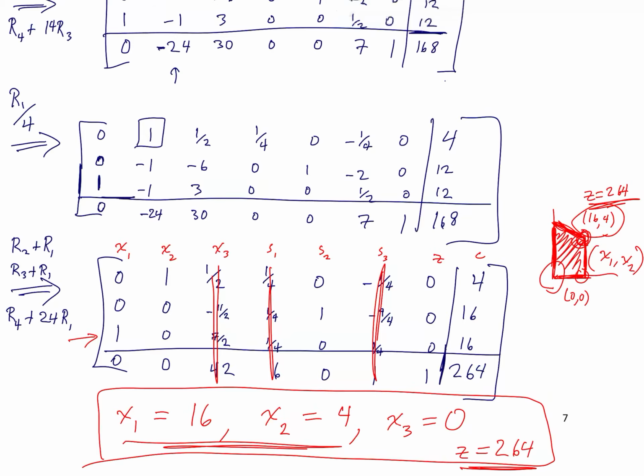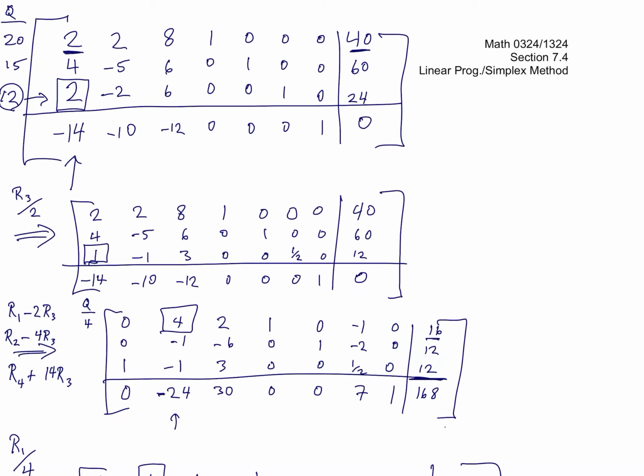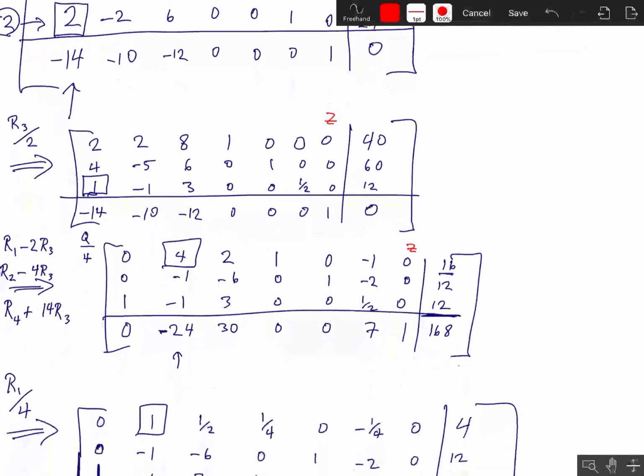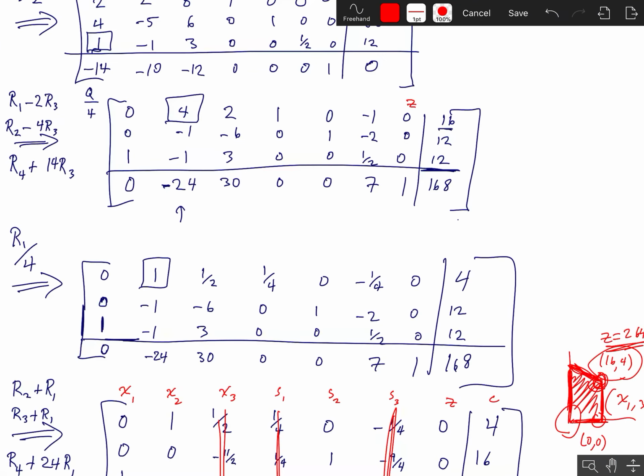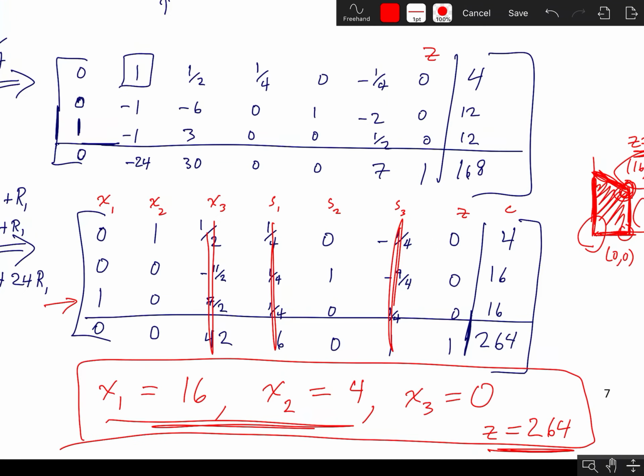The second comment that I want to make is that notice that throughout this entire problem, let's look at the z column over here. The z column was 0, 0, 0, 1, and then 0, 0, 0, 1, and so on. And then at the very end of the problem, it was still 0, 0, 0, 1, and the corresponding equation told us that z was equal to 264.